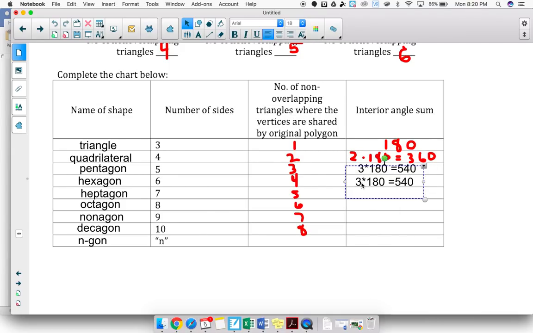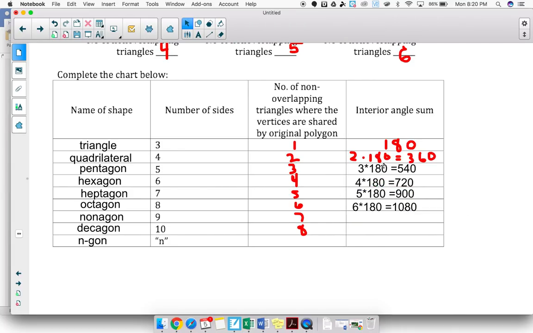It's going to be 4 groups of 180, making it 720. 5 groups of 180, making it 900. 6 groups of 180, which is 1080.